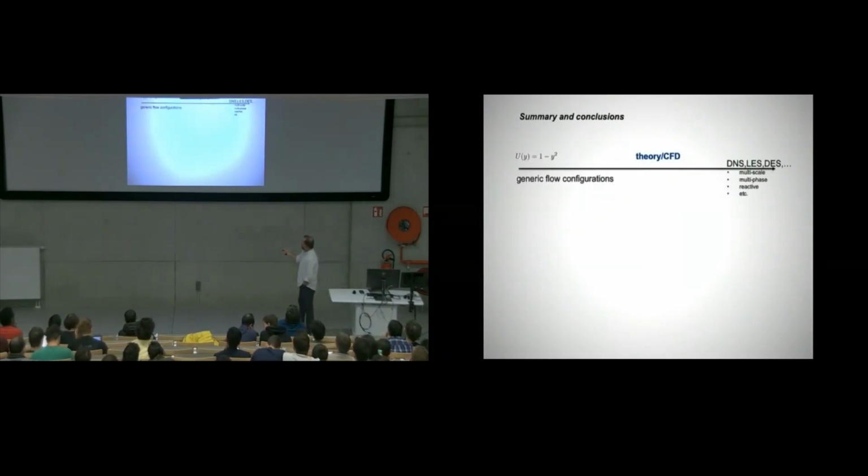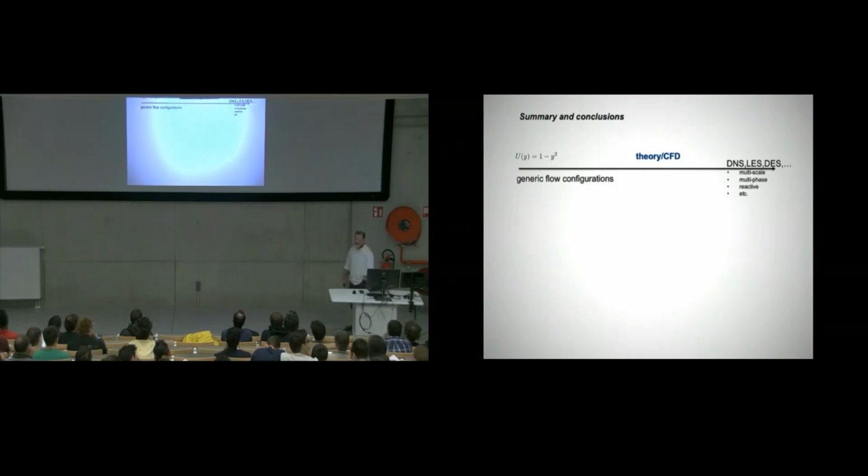So, in summary, theory has historically moved from generic flow configurations. The days of the Poiseuille profile are more or less over. Now we're doing DNS and LES and detached eddy simulations. We can do DNS with multi-scale, multi-phase, reactive flows, hypersonics, non-equilibrium, whatever you want to throw in. We can actually simulate these things.